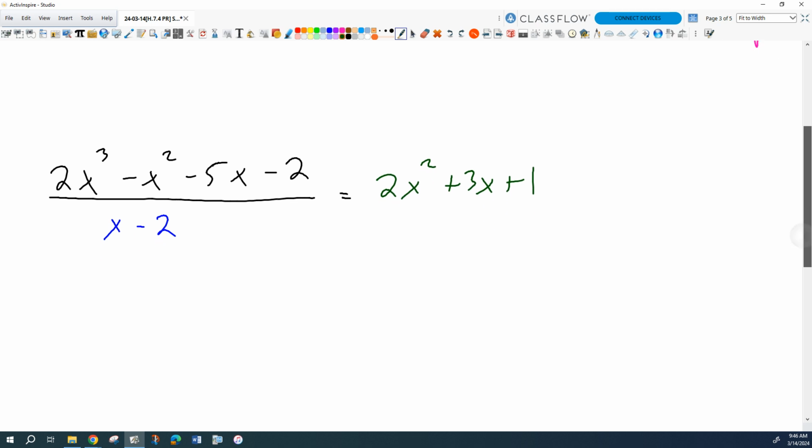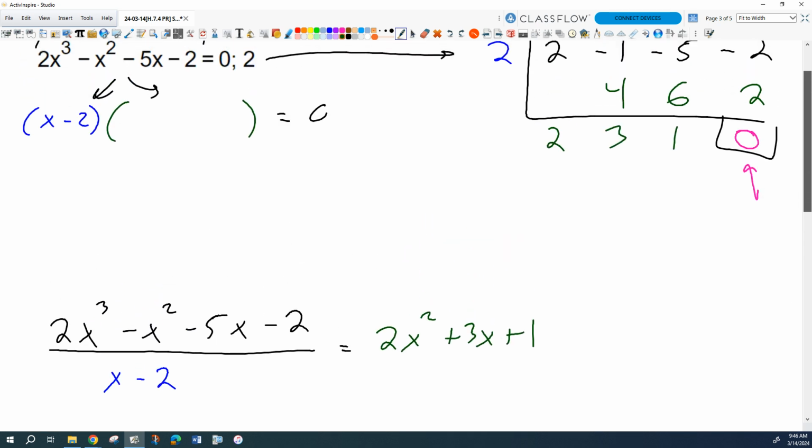Well, isn't that the same thing as saying if I multiply each side by x minus 2, this is equal to x minus 2 times 2x squared plus 3x plus 1, right?